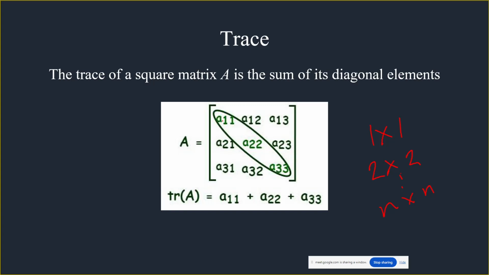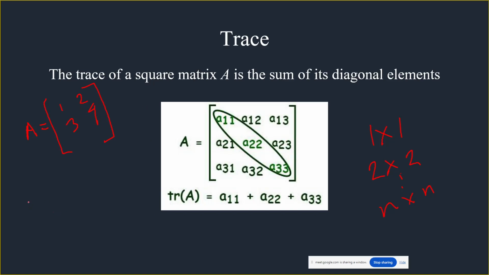Here A11, A22, A33 are our main elements. If we look at a matrix that has 4 elements, like 1, 2, 3, 4, the diagonal elements will be the A11 element, or 1, and the A22 element, or 4.